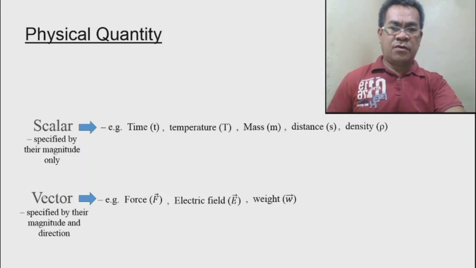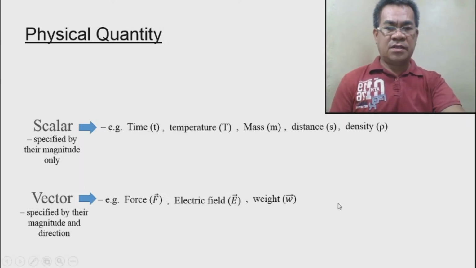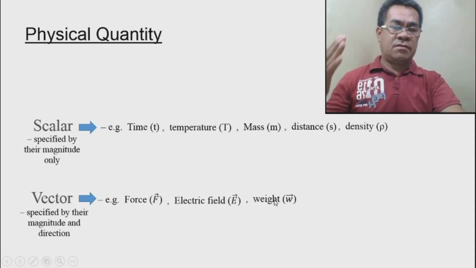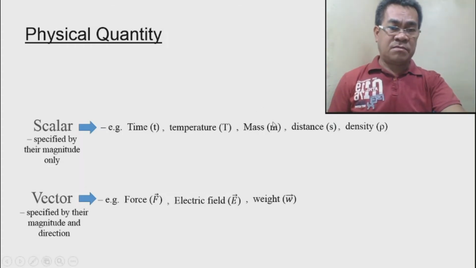If we are on the surface of the moon, then our weight is different from our weight on Earth. Why? Because Earth has 9.81 gravity, while the moon is only 1.67. So therefore, our weight on Earth is different from our weight on the moon. But our mass is the same.